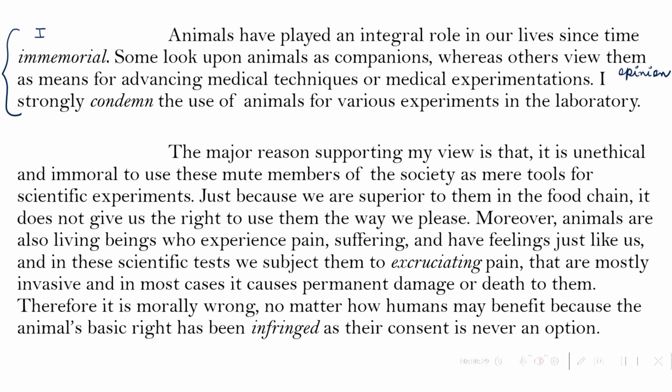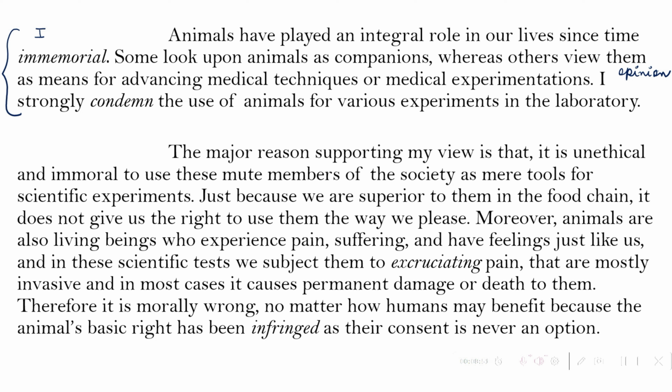Animals have played an integral role in our lives since time immemorial. So since the past, even before recorded history, animals have played an integral role in our life. So this is the general statement. Now we'll go to paraphrasing the question.